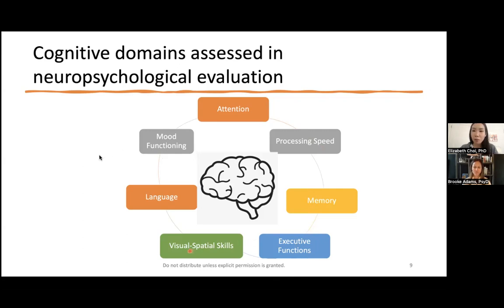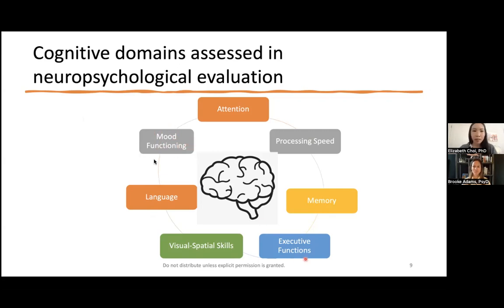We also look at visual spatial skills, language skills that might include both expression and our language comprehension ability. And of course, last but not least, our mood functioning. So you might get screened for any depression, anxiety, or PTSD symptoms if trauma was involved.